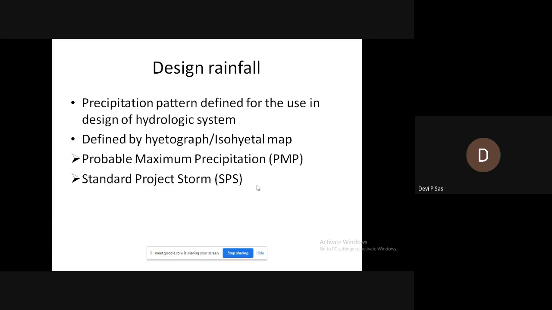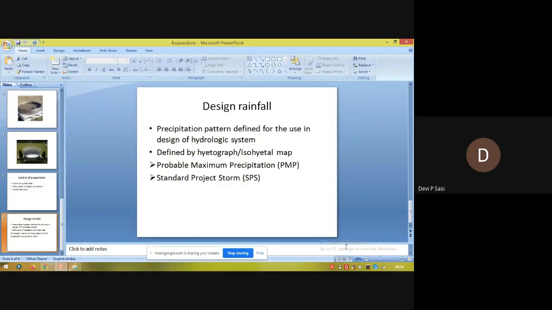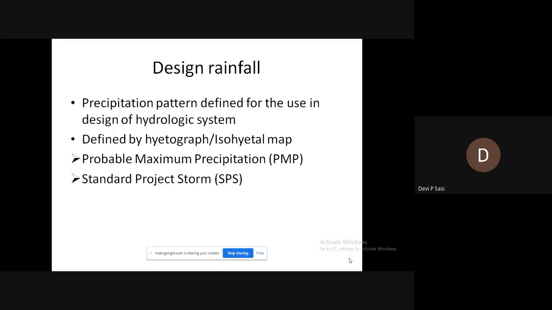It means the amount of rainfall over a region which cannot be exceeded at that place. That means it is obtained by studying several storms.